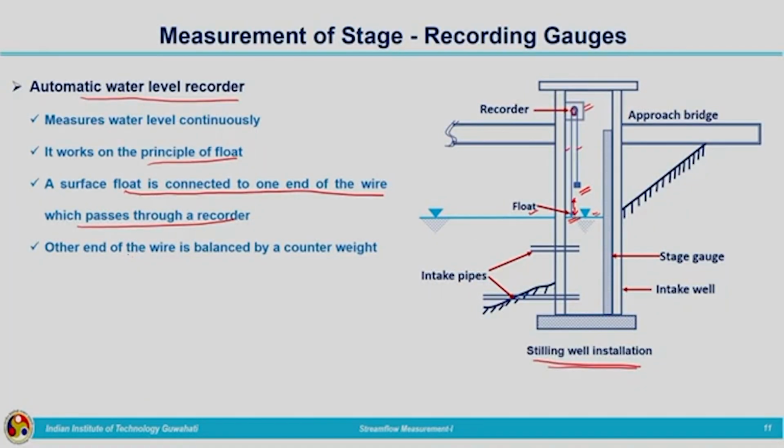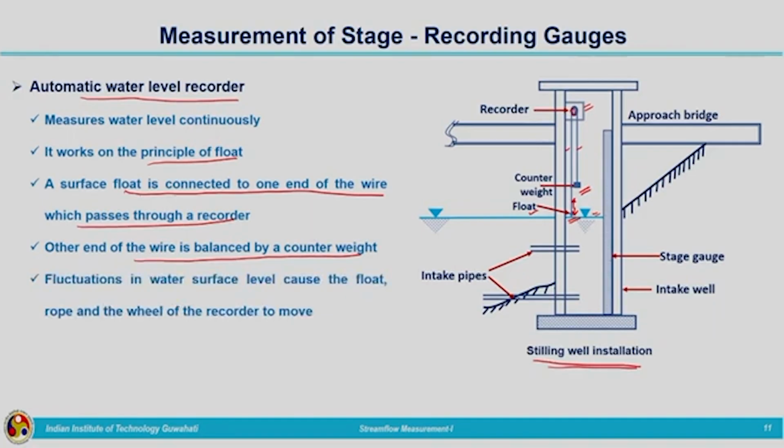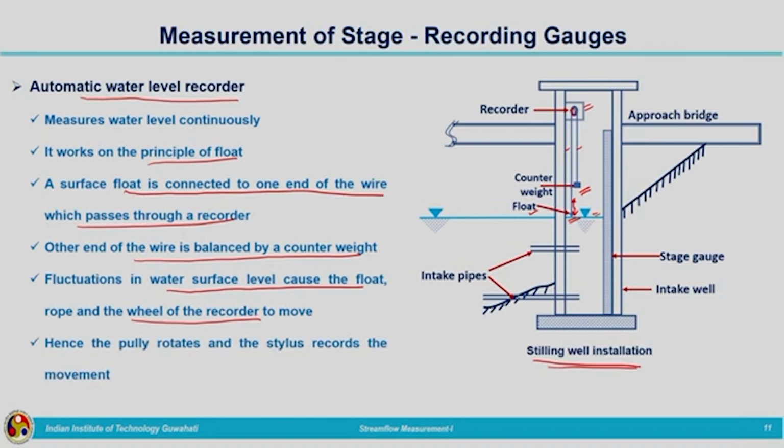So, one end of the wire is balanced by the counterweight that is marked over there, and the fluctuations in water surface level make the float and rope along with the wheel of the recorder to move. As the pulley rotates, the stylus or the pen which is present over there will be recording the movement.